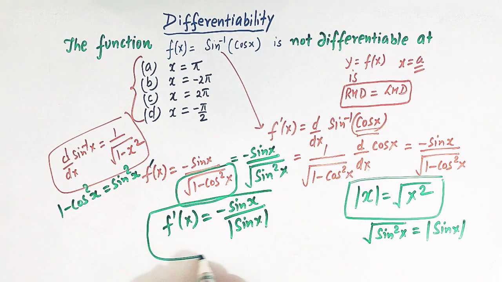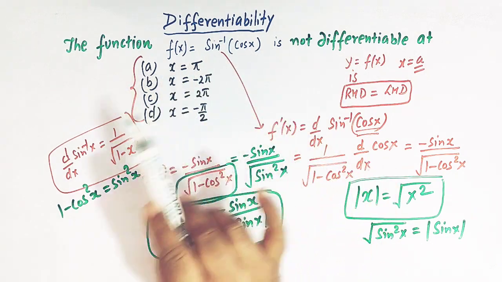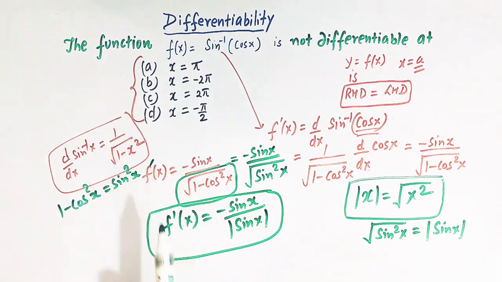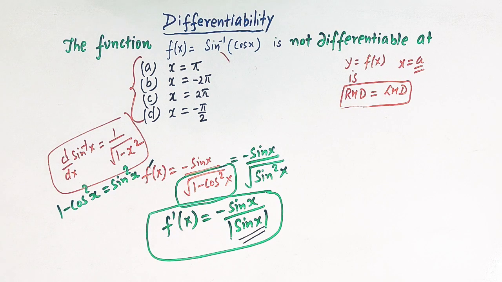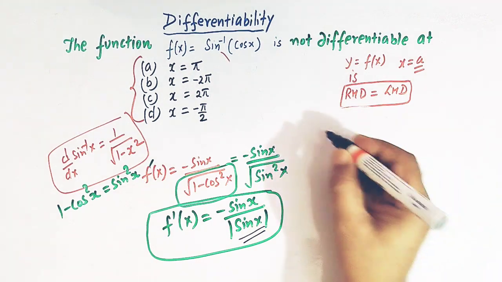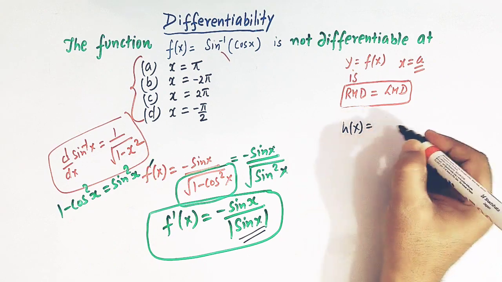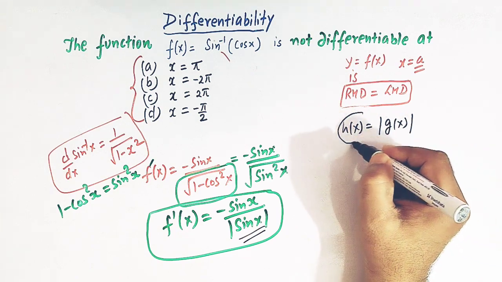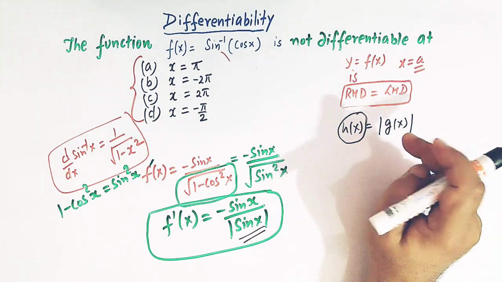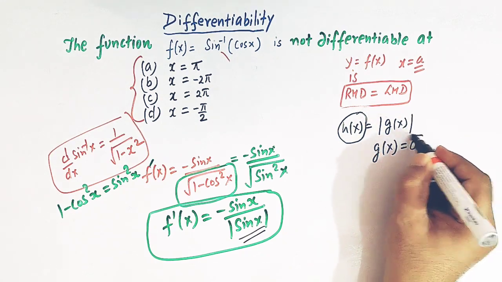Now from this expression we are able to find the values of x for which this function f of x is not differentiable. If we have a function h of x equal to mod of g of x, then h of x is not differentiable at those points for which g of x is equal to 0.